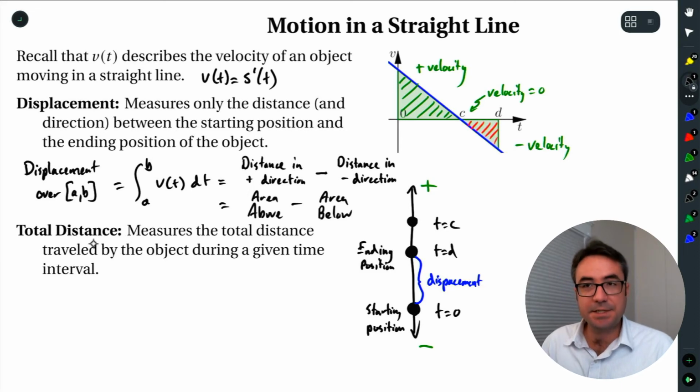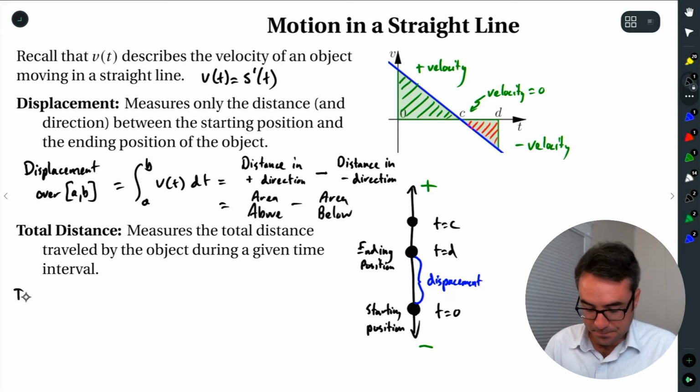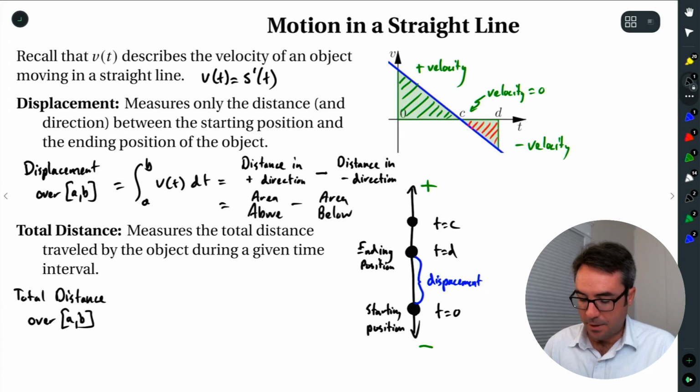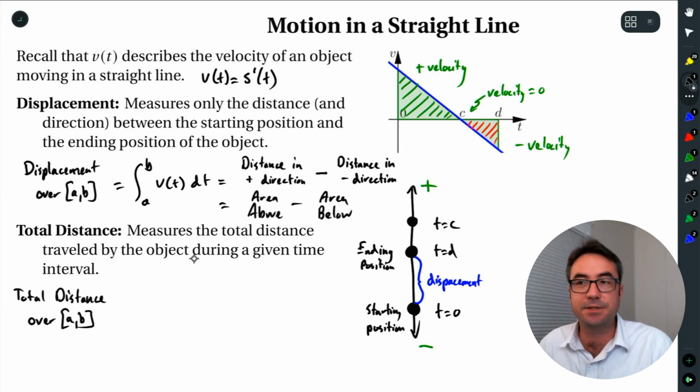Now the total distance that we travel, what does this represent? Well, it measures the total distance that we traveled during that entire time interval. So it captures everything, even when we retrace our footsteps.